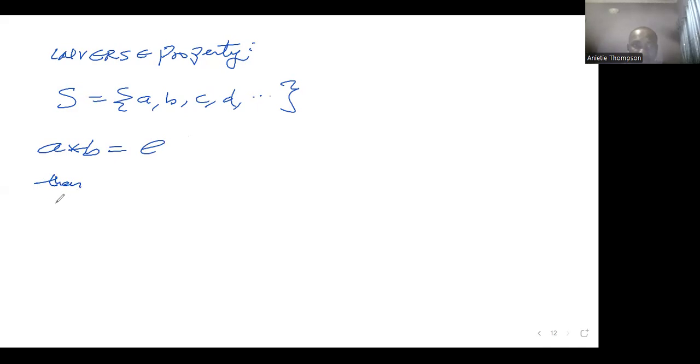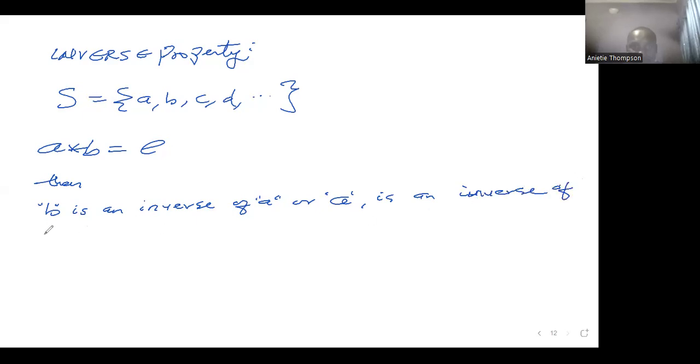we can say that B is an inverse of A, or that A is an inverse of B, depending on which element you take as the real element and which one you assume to be the inverse element.